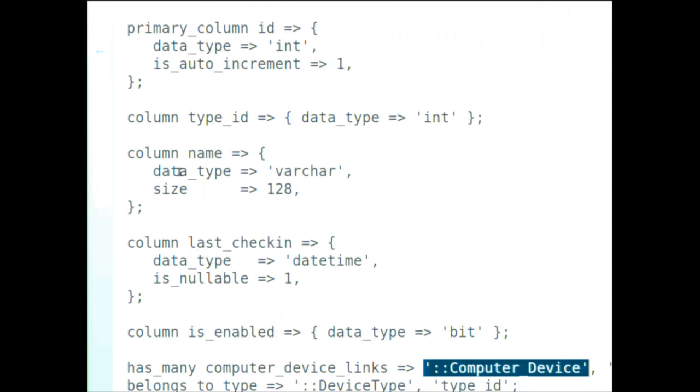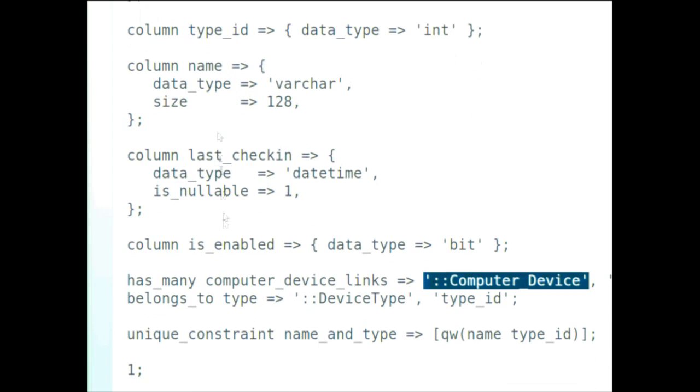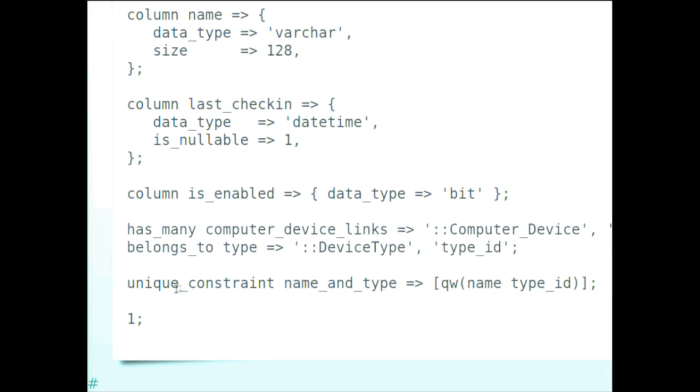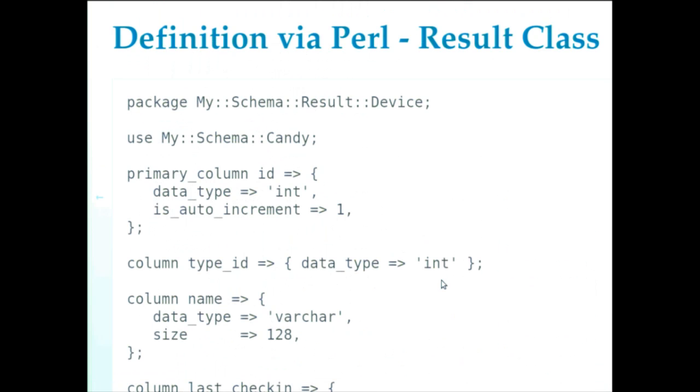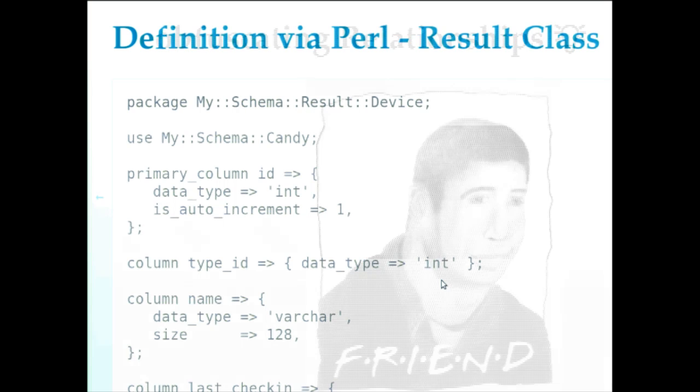All of these column calls add columns to the metadata and thus add accessors for all of these. And then we have the relationships, which I'll go into in just a second. And then finally, I add a unique constraint based on the name and the type. This is almost exactly one of the result classes from our schema at work.